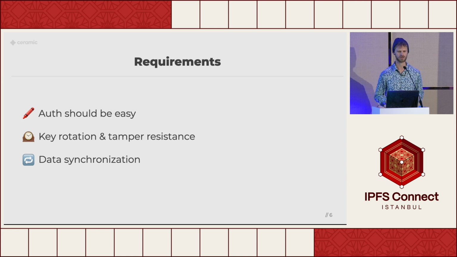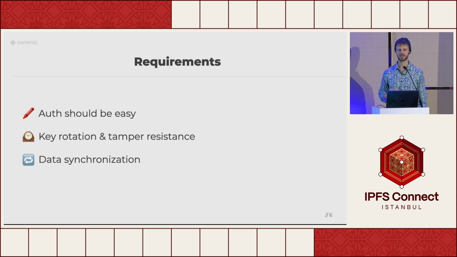So what are those requirements? Well, first of all, authentication should be easy. If a user comes to an application, they shouldn't need to set up some new kind of wallet or think about how they manage their keys. That should just seamlessly be handled by the application and implicitly by the protocol itself.